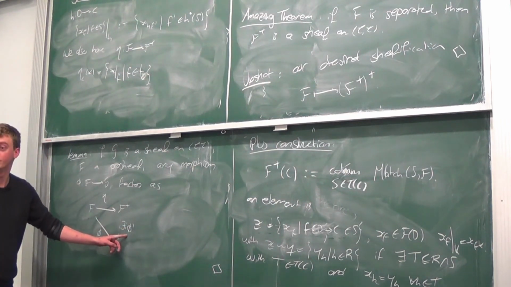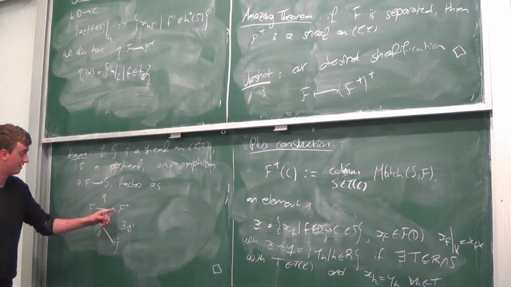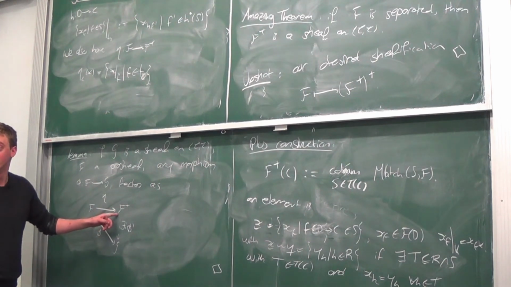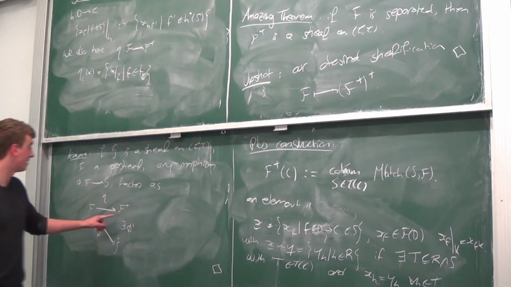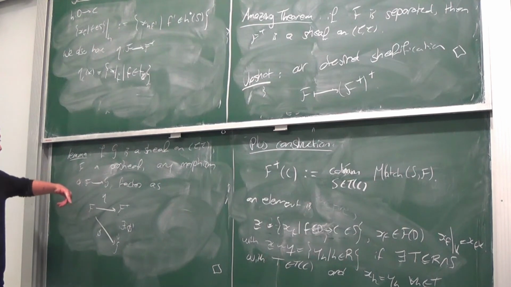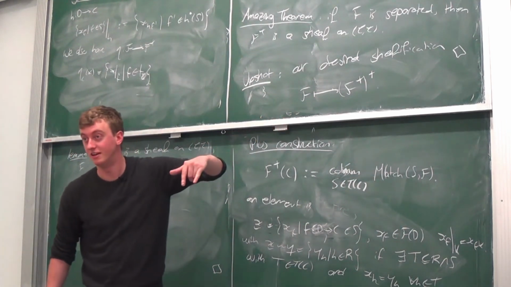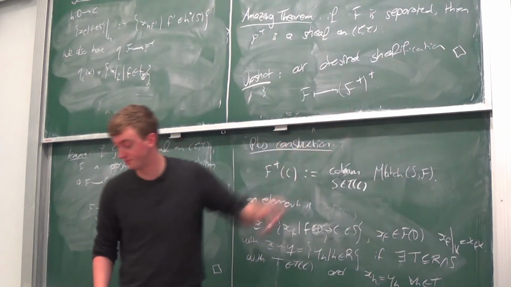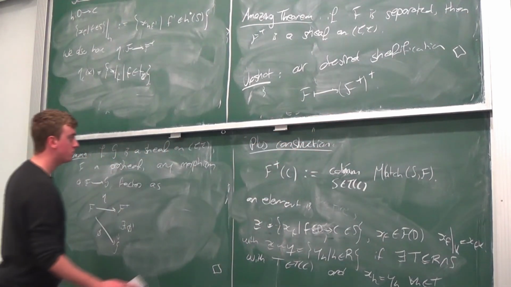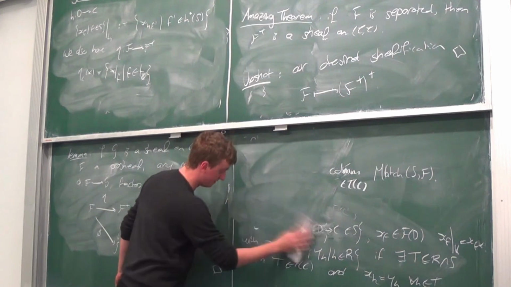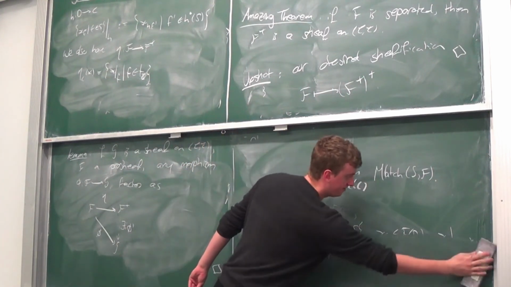So it's going to factor through F plus, this separated presheaf. In particular, applying this lemma twice means that any morphism from a presheaf to a sheaf factors through this sheafification. And the proof of this lemma is some nice practice.